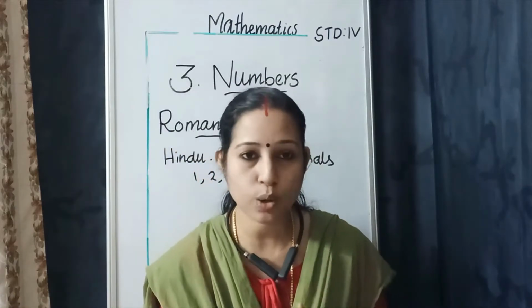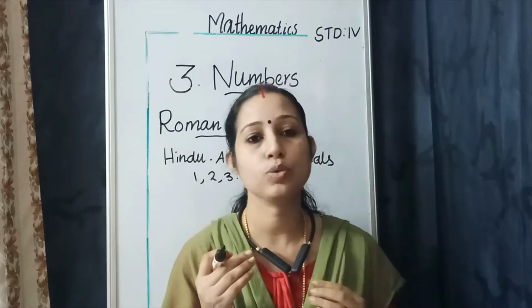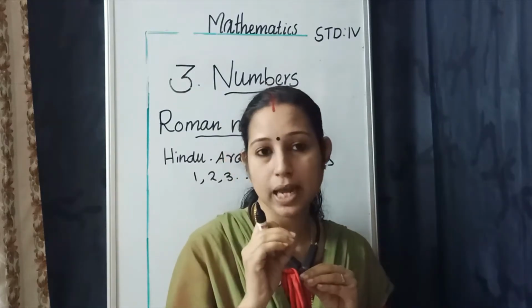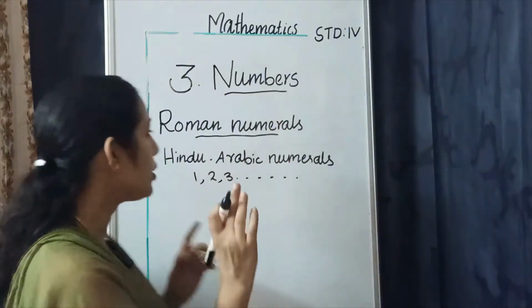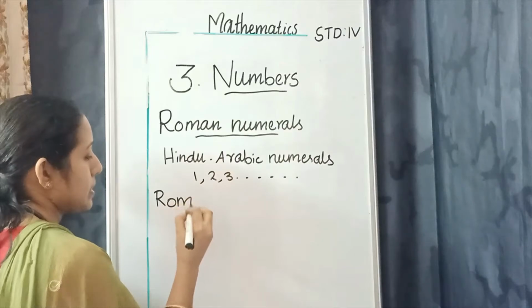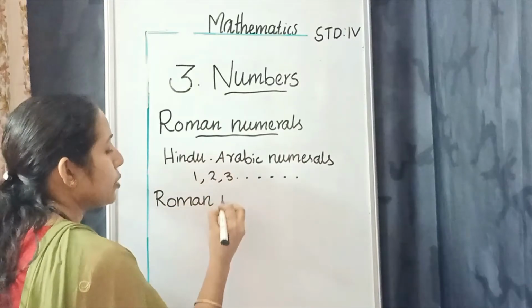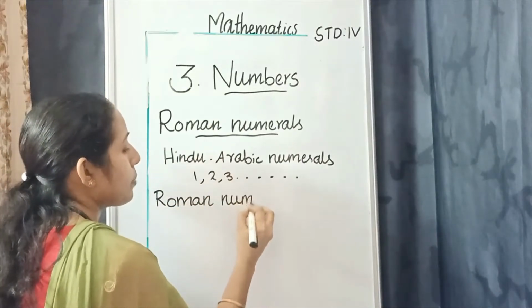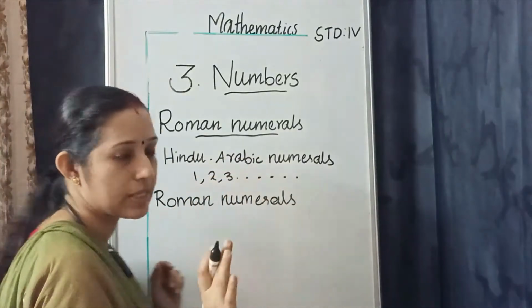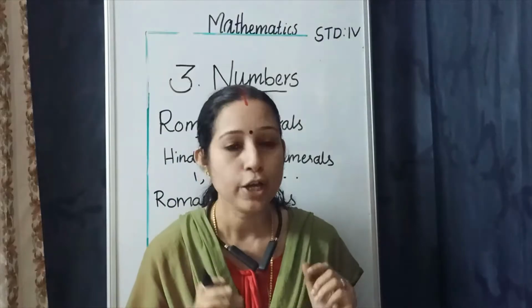And in ancient Rome, people used another type of numeral system to write numbers. That numeral system is called Roman numerals.